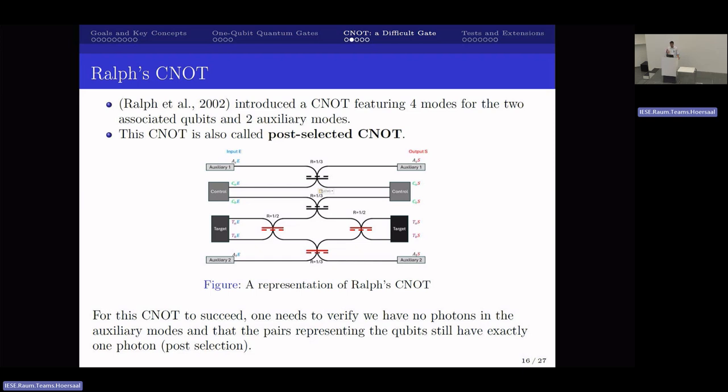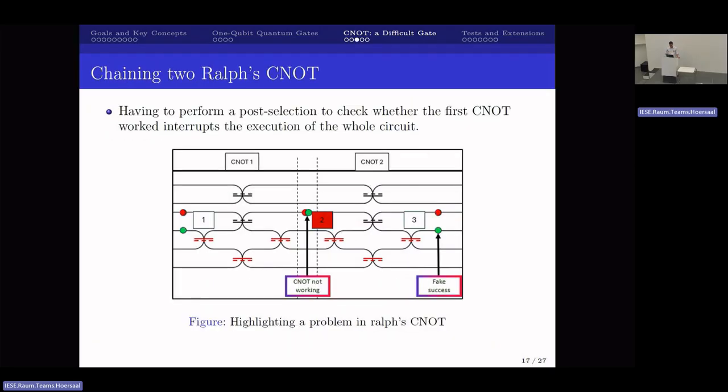So if there's a photon in one of your auxiliary modes at the end of the circuit, then you have to discard your computation because the CNOT did not have the expected outcome. That's where the problem lies, because if you have 2 CNOTs in a row, then you can have false success.